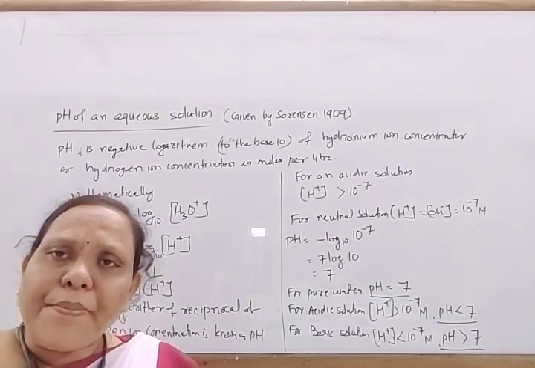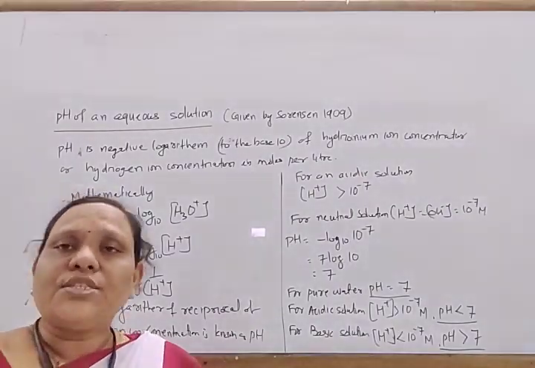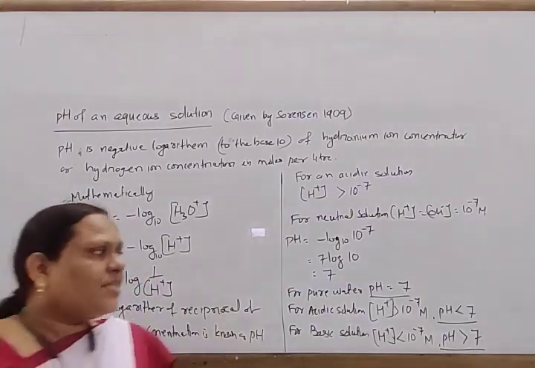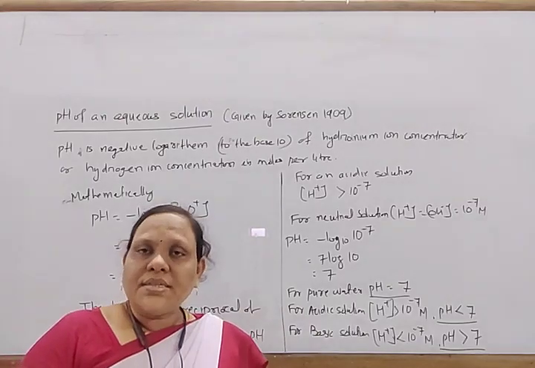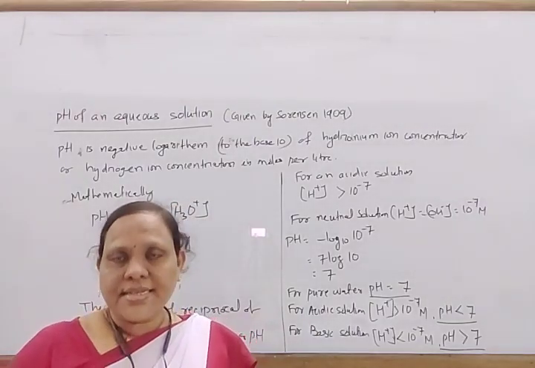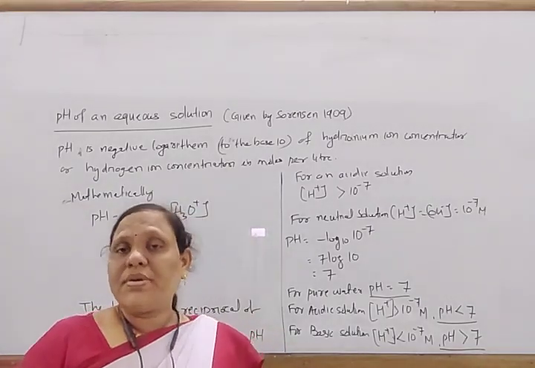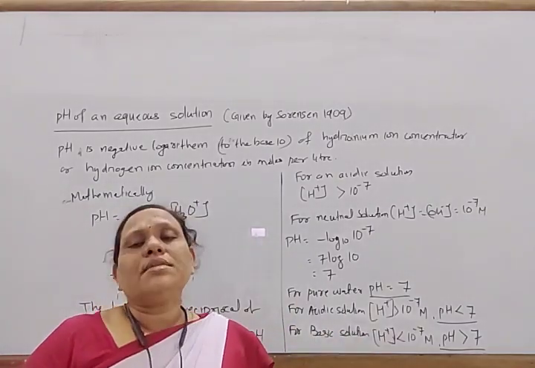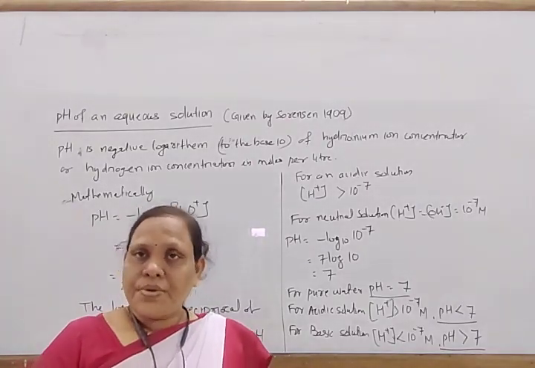Similarly, what happens to the pH value if we increase the temperature? If we increase the temperature, the ionization of both H+ and OH- ions increases. In this way, the Kw value increases. As the H+ ion concentration increases, the negative logarithm of the H+ ion, that means the pH value, decreases.